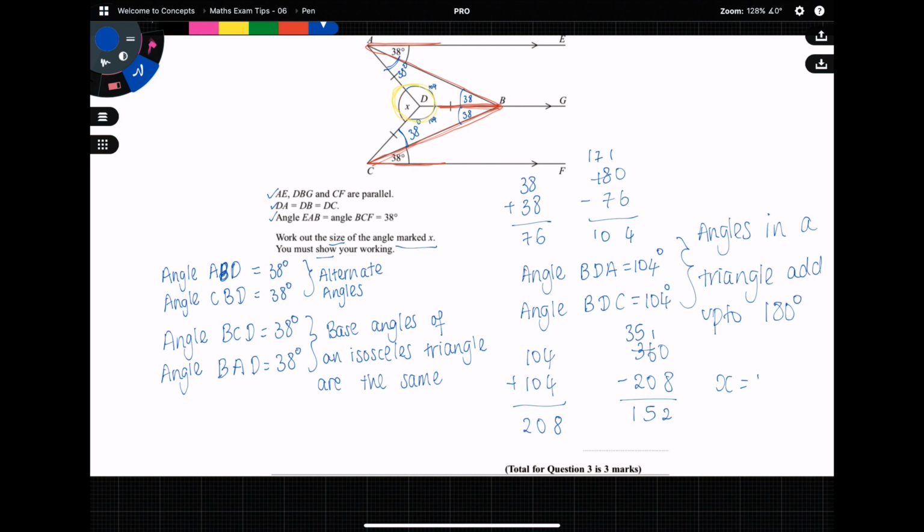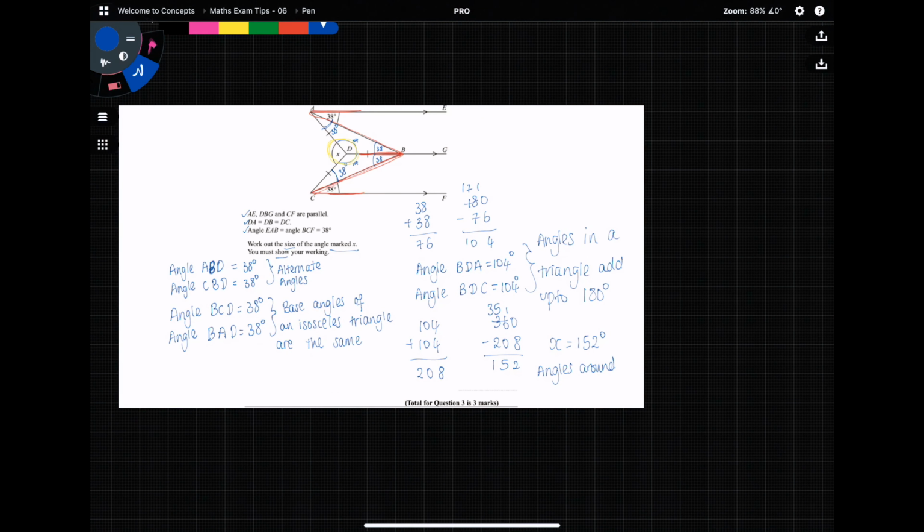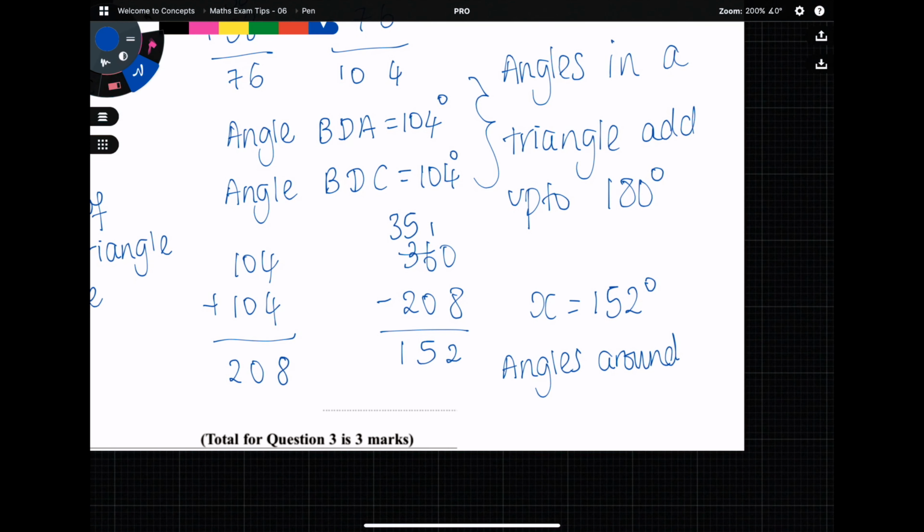X is equal to 152 degrees because angles around a point add up to 360 degrees.